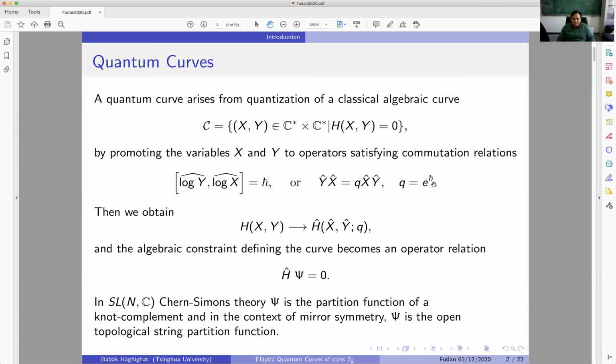In this context, the X operator just tells you that log X is the position, and Y will be the exponential of the momentum. As we know, the exponential of the momentum is nothing else than a shift operator. It's a translation operator, and it translates the wave function, or whatever it acts on, by h bar.